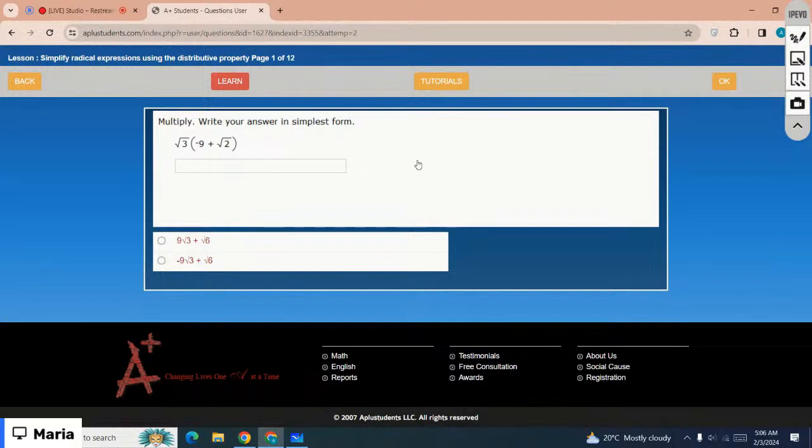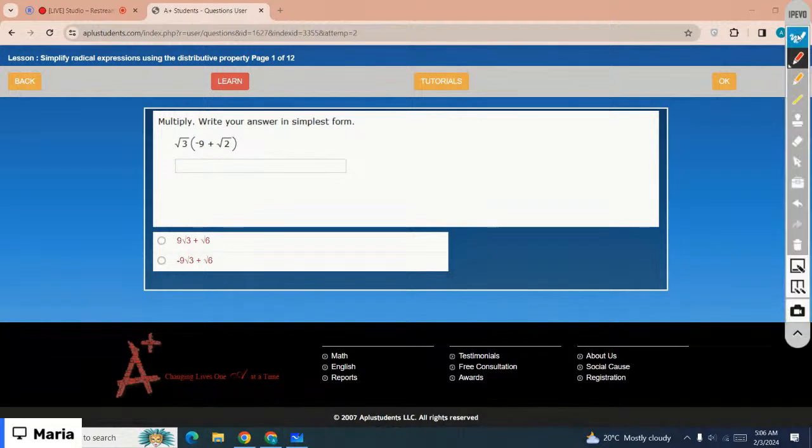You need to multiply the term that is outside the bracket with everything that is inside the bracket. So square root 3 times negative 9 would be negative 9 square root 3.